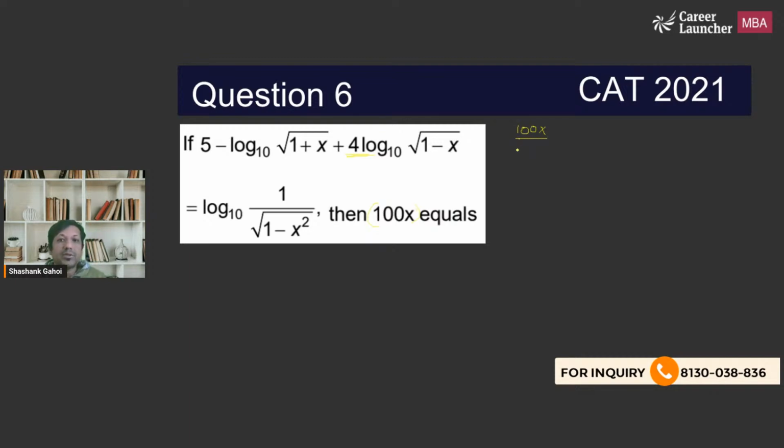Okay. So I am having 5 plus 5 times log base 10 root of 1 minus x. And why am I doing this? Because it is 4 times, so I have added one more time.